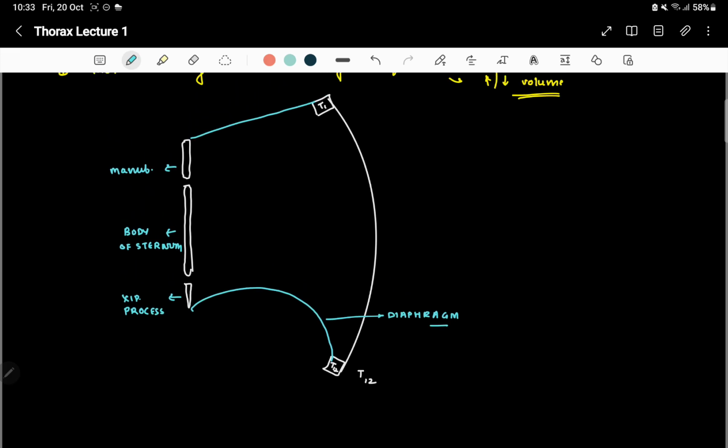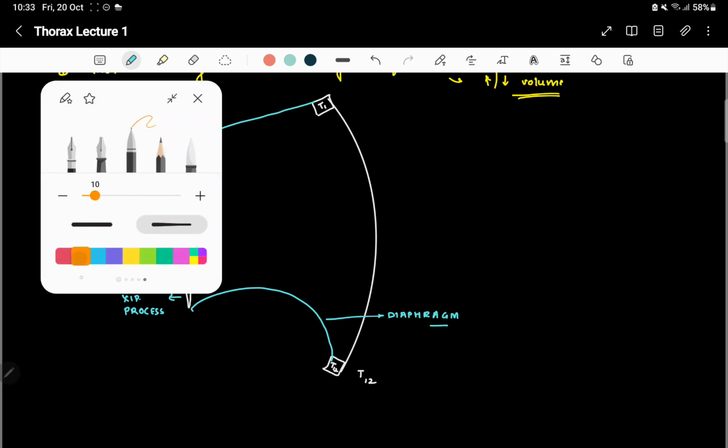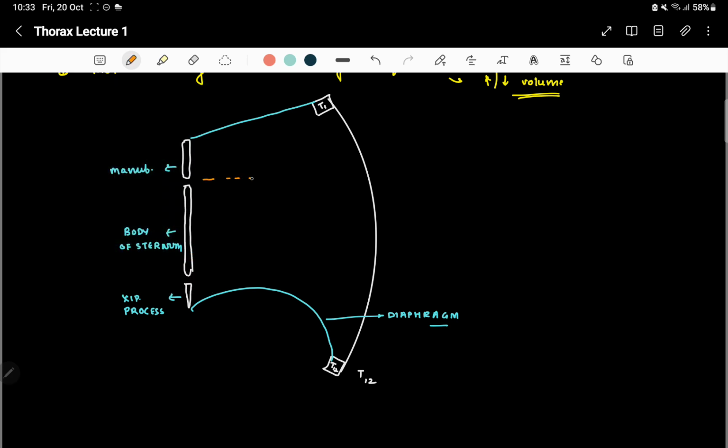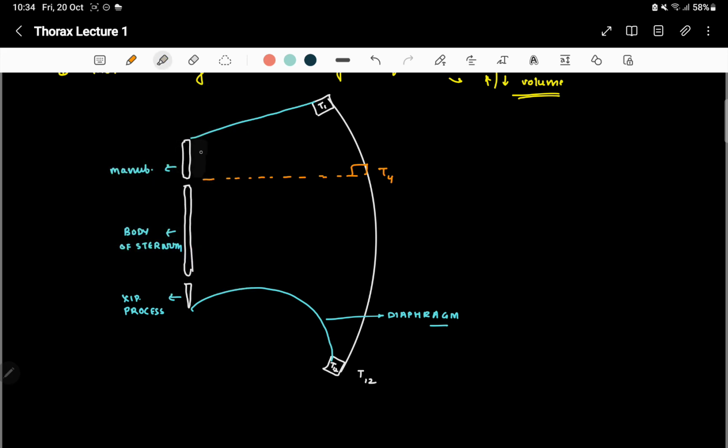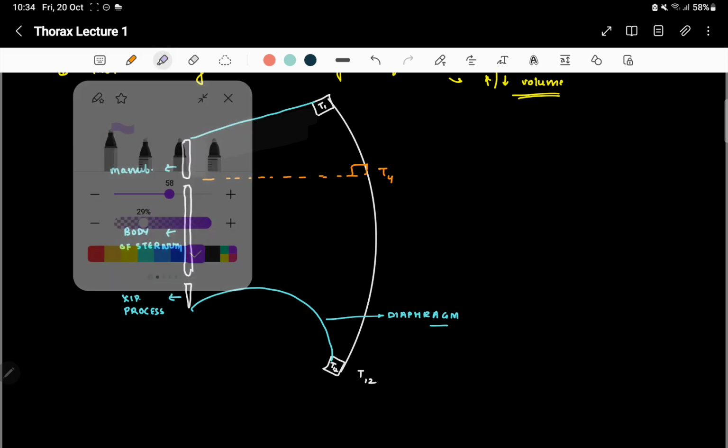So here let's say we have the T4 vertebra. Let's say in this horizontal line we have the T4 vertebra also. So the level from the T1 vertebra to the T4 vertebra, this whole area, the highlighter is not visible, okay, no problem.